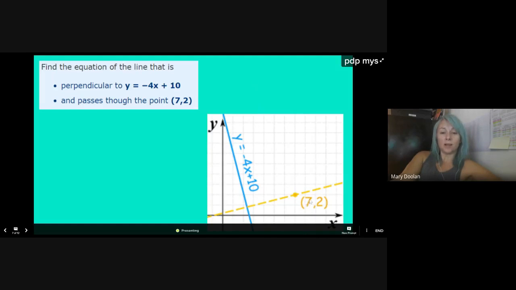But there's only one line that's going to pass through 7, 2 and be perpendicular to this blue line. And so we're going to figure out what the equation is of this yellow dashed line.